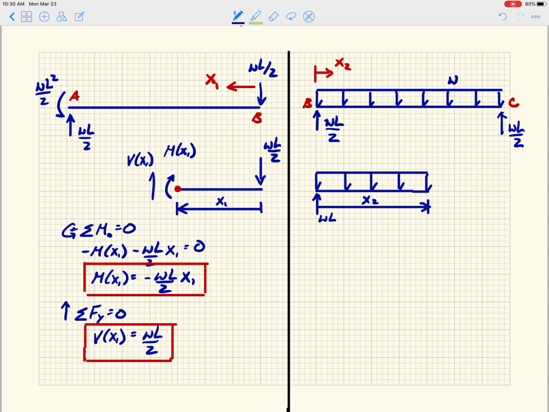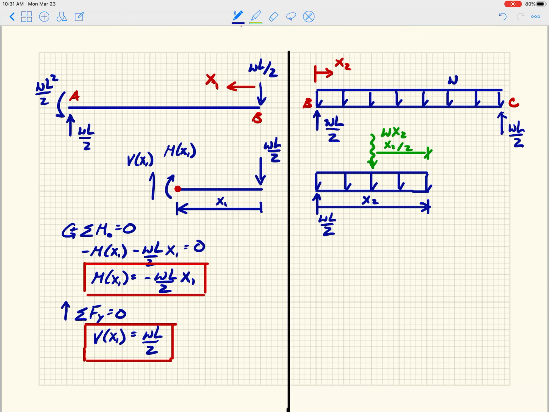This force is WL over 2. Now I apply my little green fictitious load, which is W times x2, and that acts at a distance of x2 over 2, like that.